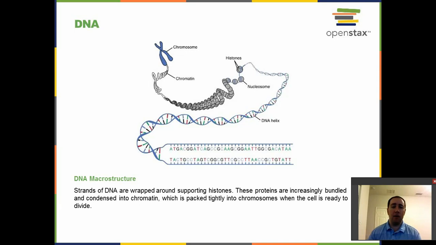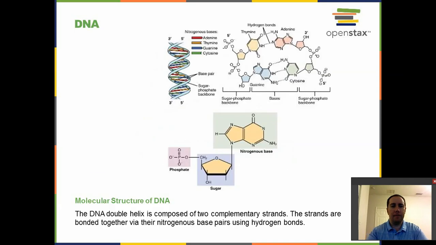But that chromosome is really, at its most basic level, one gigantic DNA molecule wrapped around a whole bunch of beads. And that is a chromosome. And in each of our cells, we have 46 of these chromosomes: 23 from our mother, 23 from our father.